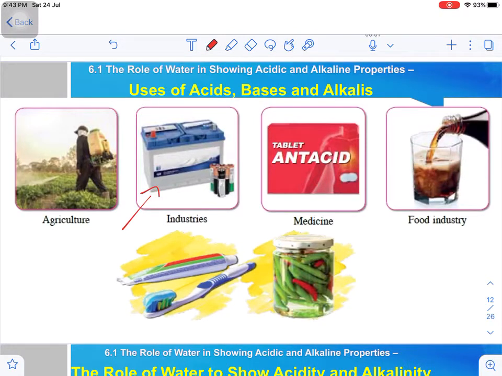We use sulfuric acid as electrolyte. Antacid normally uses a base to neutralize acid in the stomach when you have gastric. And then in the food industry, we have benzoic acid, and we have carbonic acid in carbonated drinks. Toothpaste normally contains alkalis. For pickles, normally we use vinegar, and vinegar is an acid.